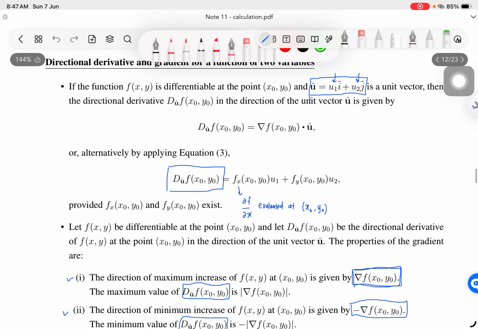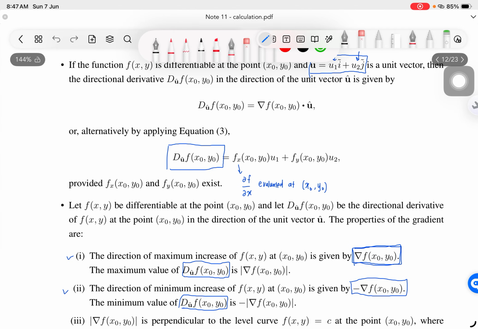If it is 2 variables, your directional derivative will be f_x(x0, y0) u1 plus f_y(x0, y0) u2.